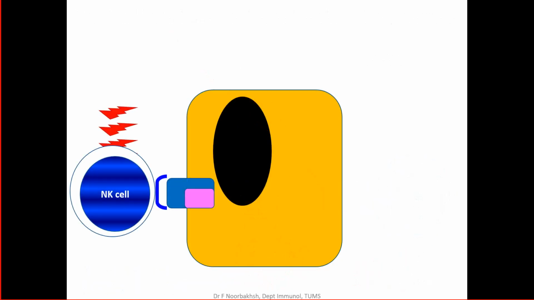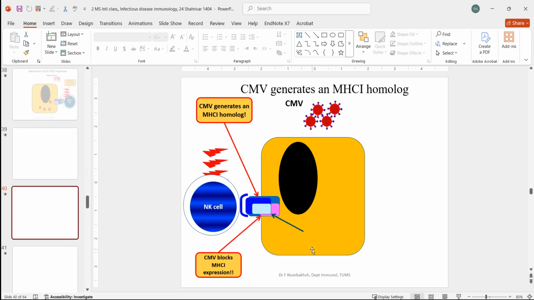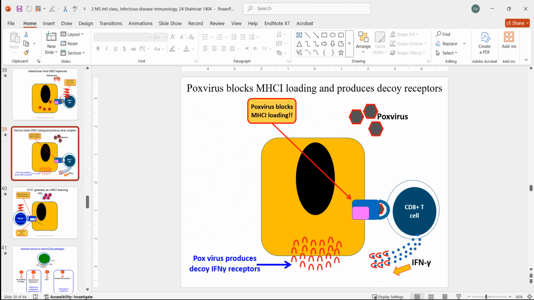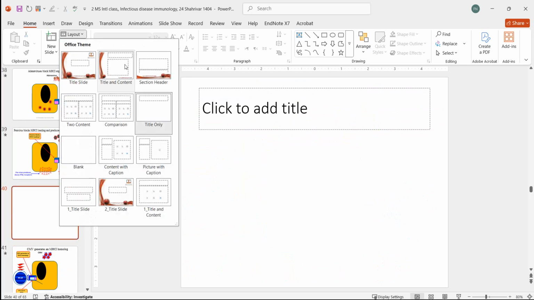But perhaps the most fascinating mechanism of immune evasion is by cytomegalovirus, by CMVs. CMVs are DNA viruses. These are relatively big viruses, and they have sufficient space in their genome to carry different genes. I told you about the arms race. In the process of an arms race, it's not always trying to make a new weapon.